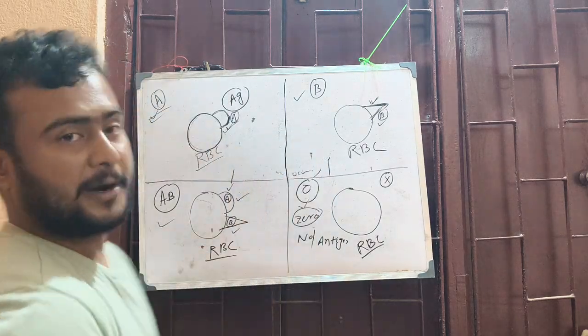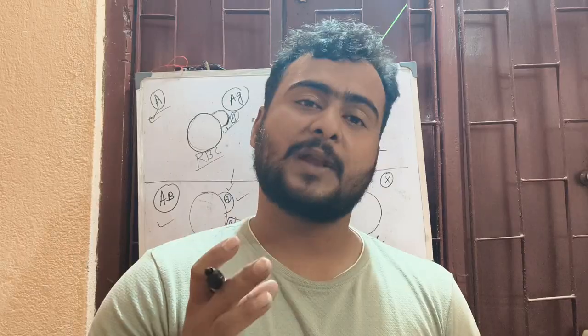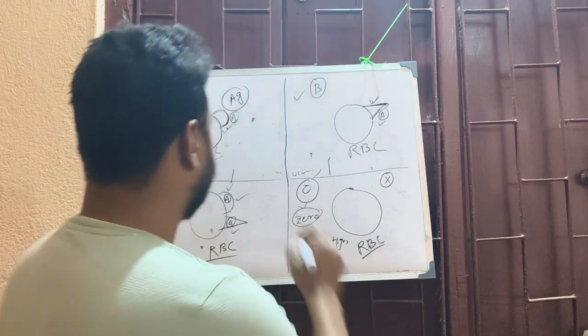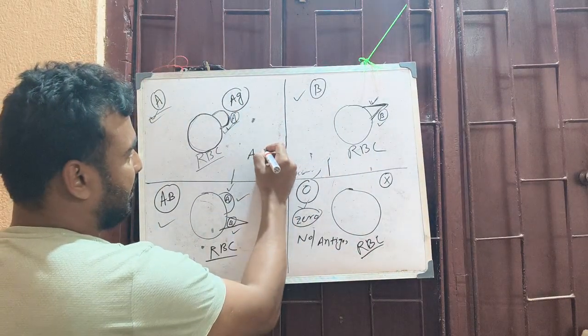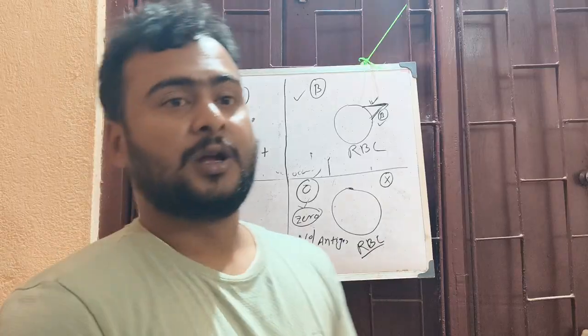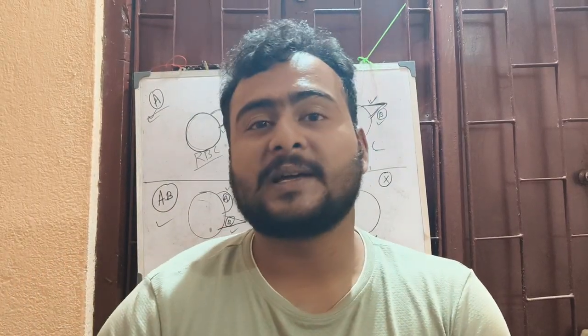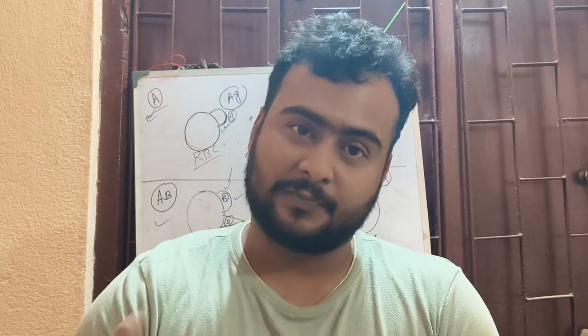Consider the A blood group. In the case of the A blood group, what antigen is there? A antigen is there. And as I said earlier, which part produces the antibody? It is the plasma, right?